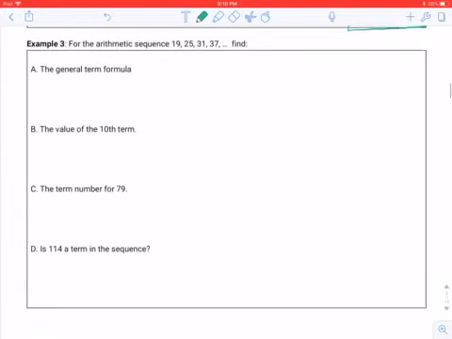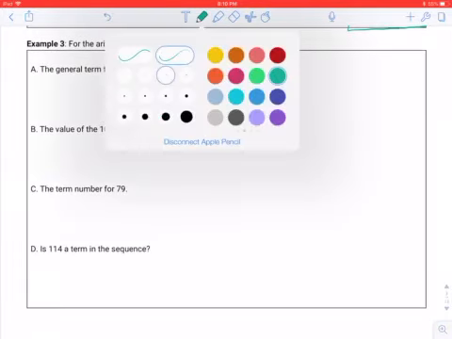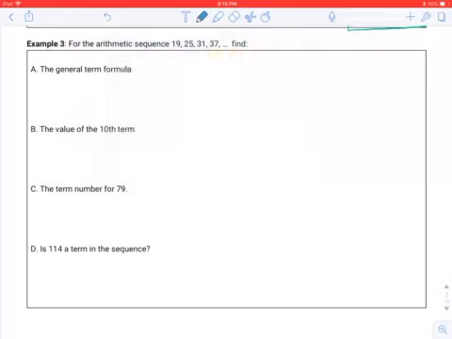Alright, so example 3 is very similar. The first question is asking us to find the general term formula. So I know for my general term formula, the two pieces of information I need are u1 and d. So u1 here, my first term, is going to be 19. And my common difference, I'm going from 19 to 25 to 31 to 37.